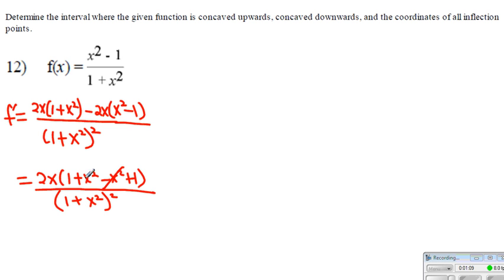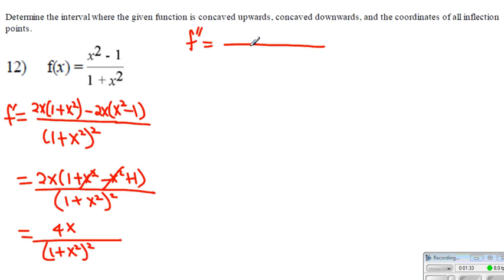Here, these two things cancel out, so what we end up getting is 4. 2 here, and then 2 here, 4x all over 1 plus x squared squared. Now, f double prime, once again, has to be done with the quotient rule here.